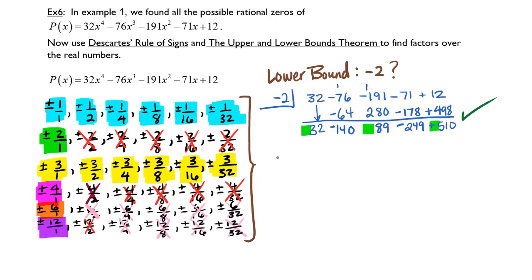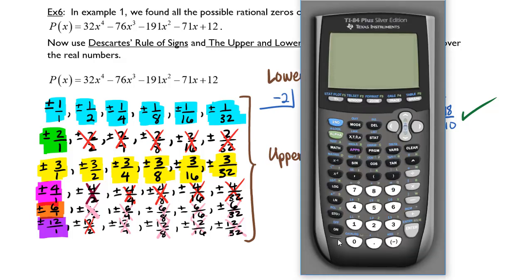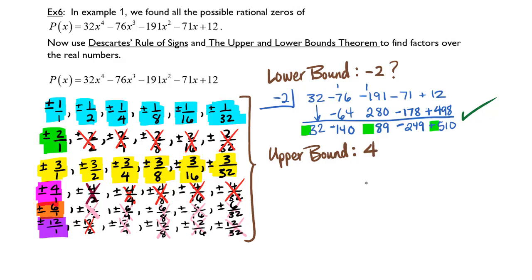Okay, so let's check to see if our upper bound is possibly, again looking at our graph, 1, 2, 3, 4. Let's see if our upper bound is 4. Let's just use 4. That'll be more convenient, I think.